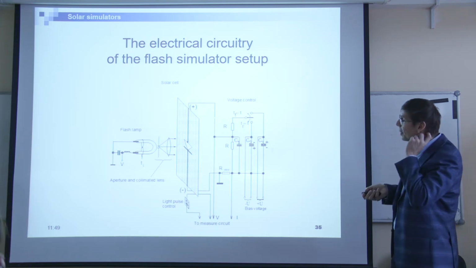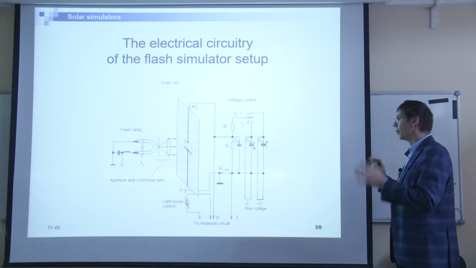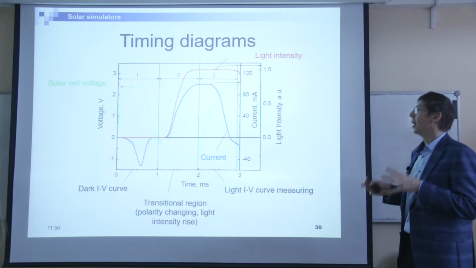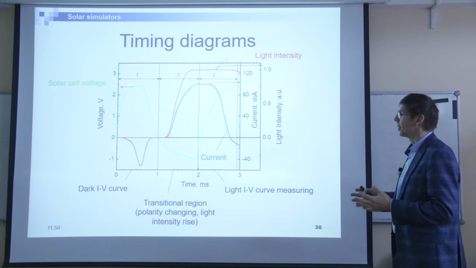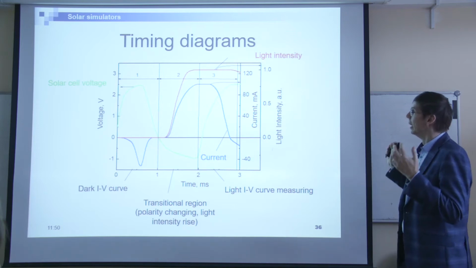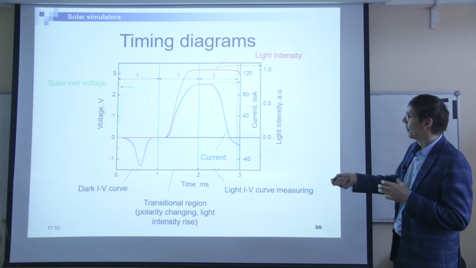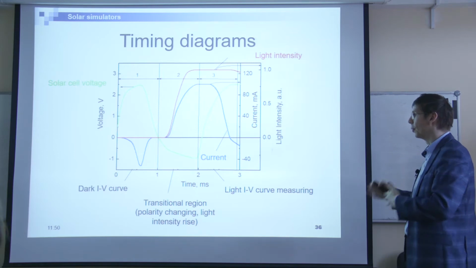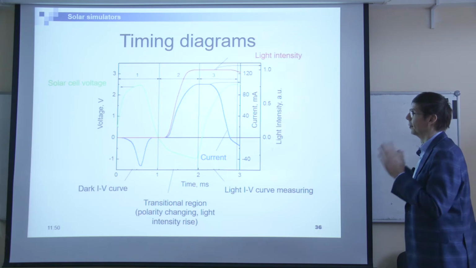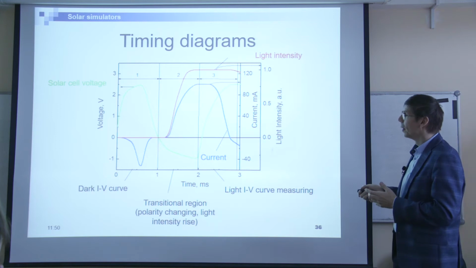And here is just some example to understand that actually to measure the IV curve during the flash is quite a speedy process. Everything is relative, but for example here you can see that the time is of the order of milliseconds, and here you have some example of a timing diagram.